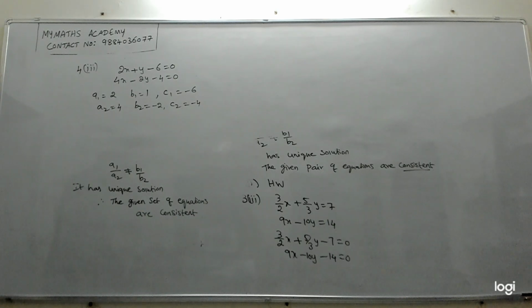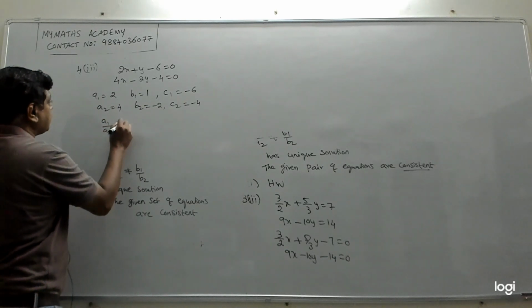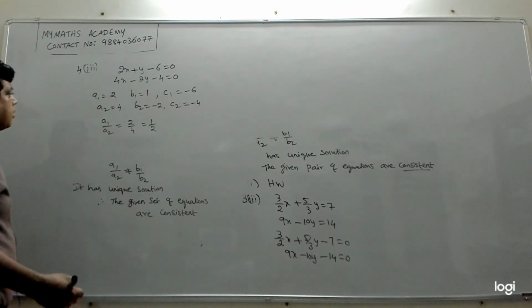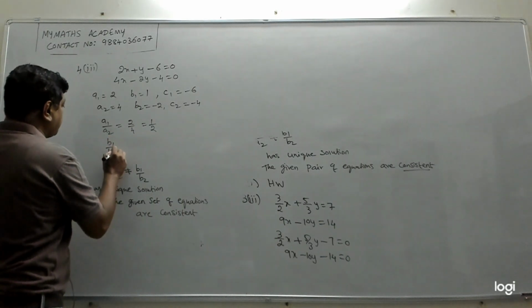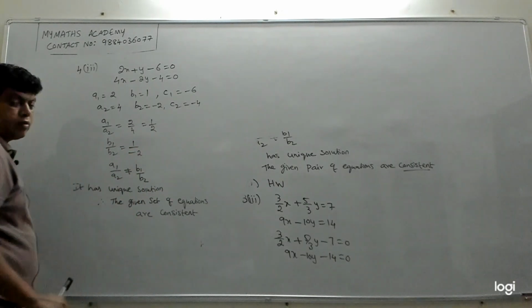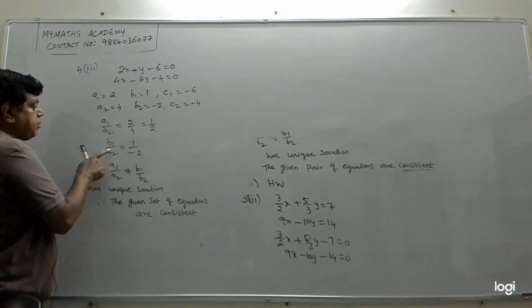Fine? Yeah. So now what is A1 by A2? A1 by A2 is equal to 2 by 4, which means 1 by 2. Right? Now what is B1 by B2? B1 by B2 is 1 by minus 2.